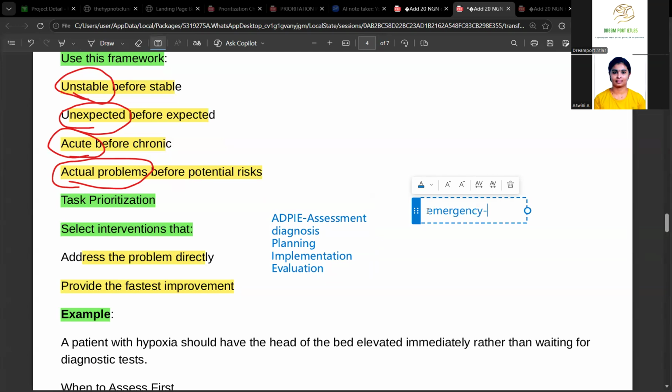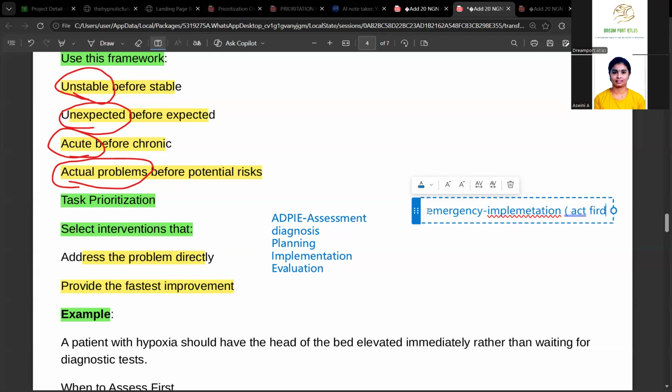If you get a scenario where the client is going through cardiac arrest, will you wait for the result or act immediately? Act immediately. So only in case of emergency we need to act first, not wait for the results, lab findings, or the assessment.